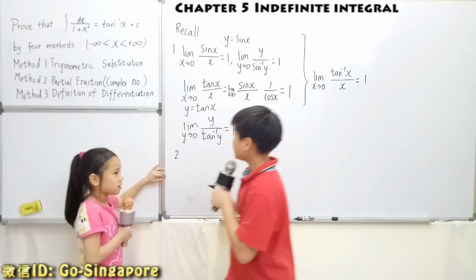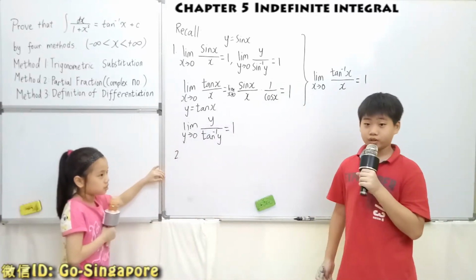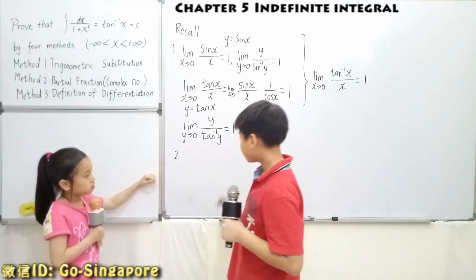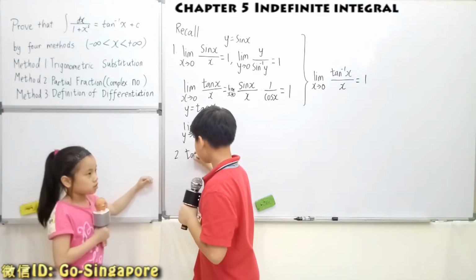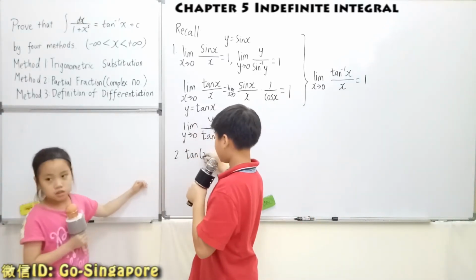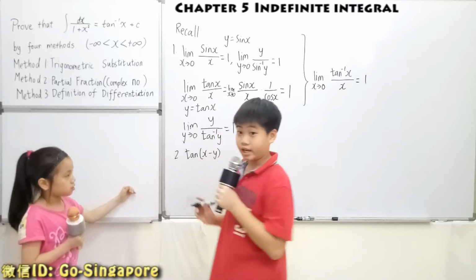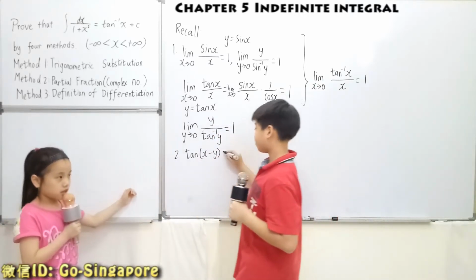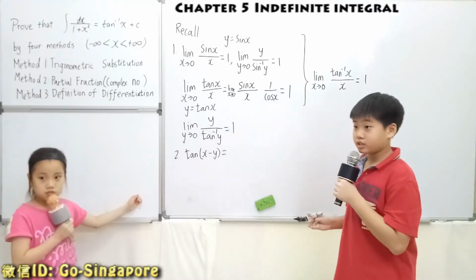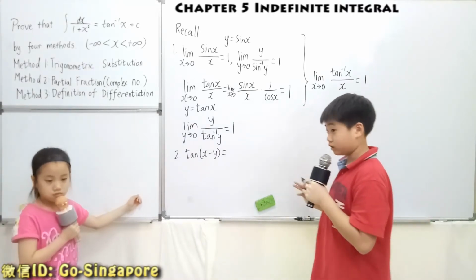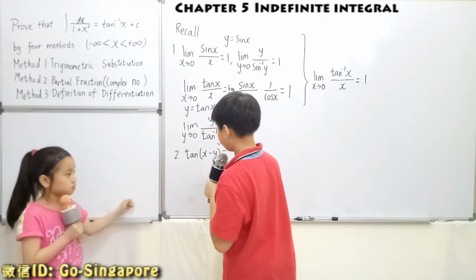So the second thing that we're going to recall, we can have a tangent and then here an angle minus an angle, okay? For this, the tangent of an angle minus an angle, what happens?